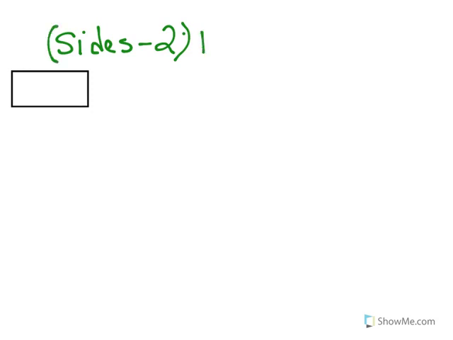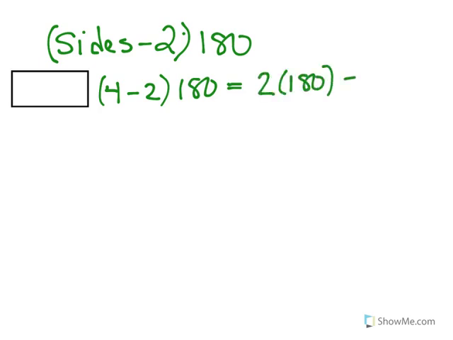Well, the number of triangles we're multiplying times 180. And so there's our formula we're looking at. And with the rectangle, we have 4 sides. We're going to subtract 2 from it and multiply it times 180. This is going to equal 2 times 180, which does equal 360. And we know for a fact that that's the number of degrees within a given rectangle or a square.